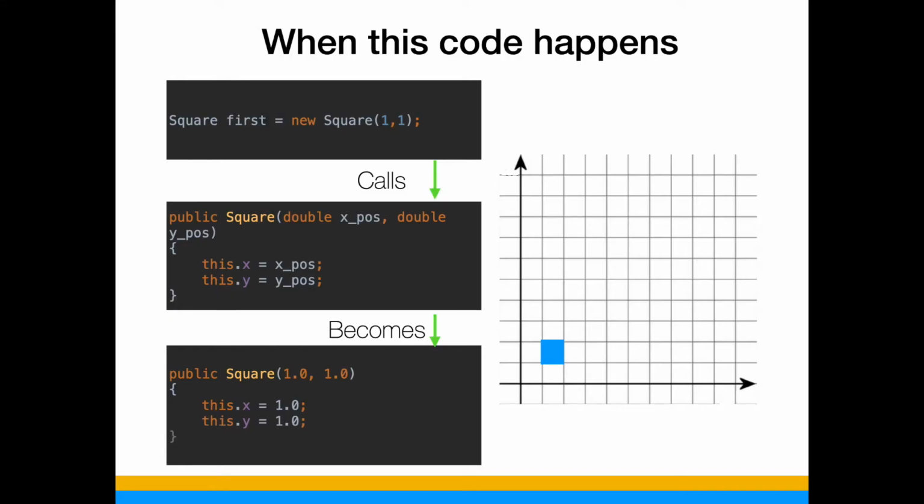Given that class, this is just a very cheesy simulation that I'm going to put. Let's assume that when we create a new version of this square, a new item of this square, we create it as 1, 1. What happens is that it calls the constructor, where it says Square(double xPos, double yPos). It replaces the values of what we're doing.